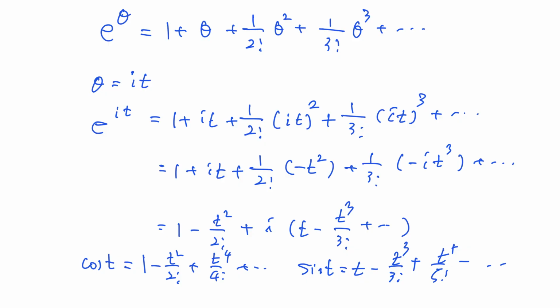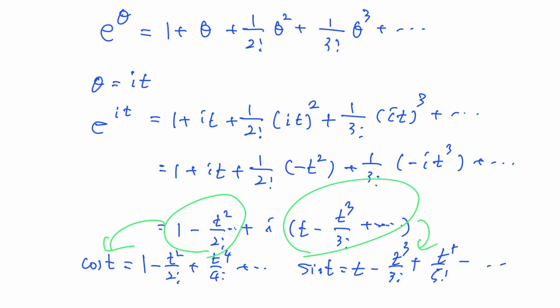So that means this is actually cosine, and this is sine, right? So therefore, exponential it is equal to cosine t plus i sine t, right? So we have Euler's formula.